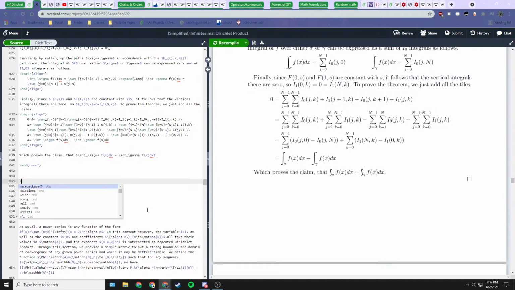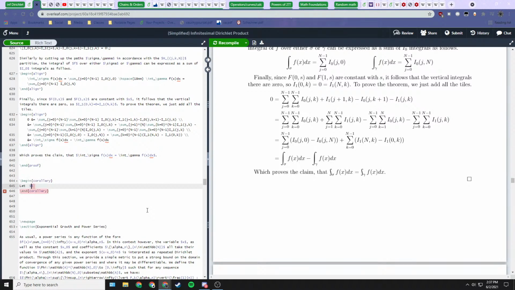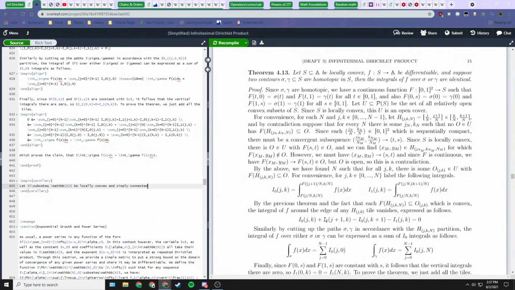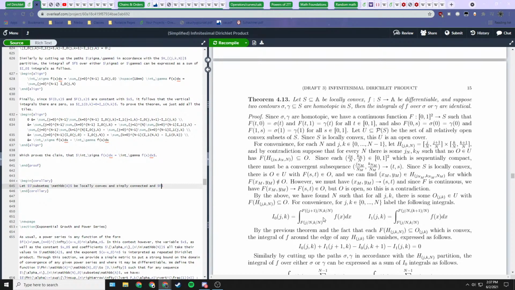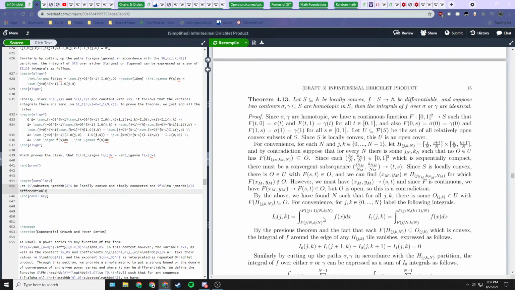So let S, a subset of A, be locally convex and simply connected, and f map S to A differentiable, then the integral of f on any loop vanishes.